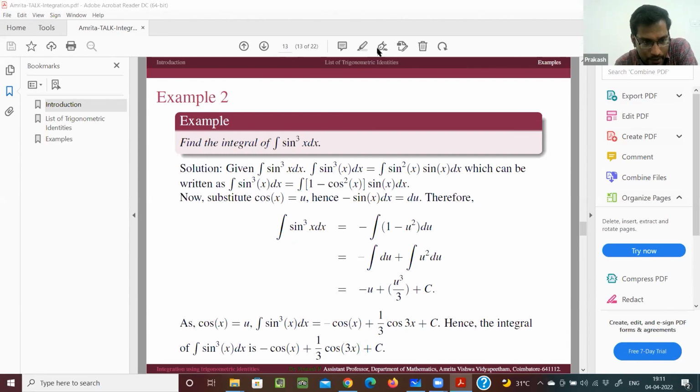You put here 4 to 5. That is a limit, right? Yes, sir. Lower limit is 4, upper limit is pi. The integrand is x by 1 plus sine alpha into sine x.